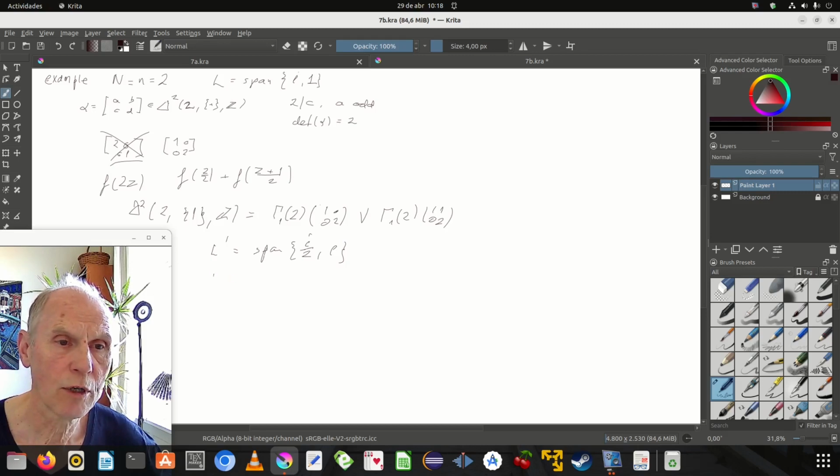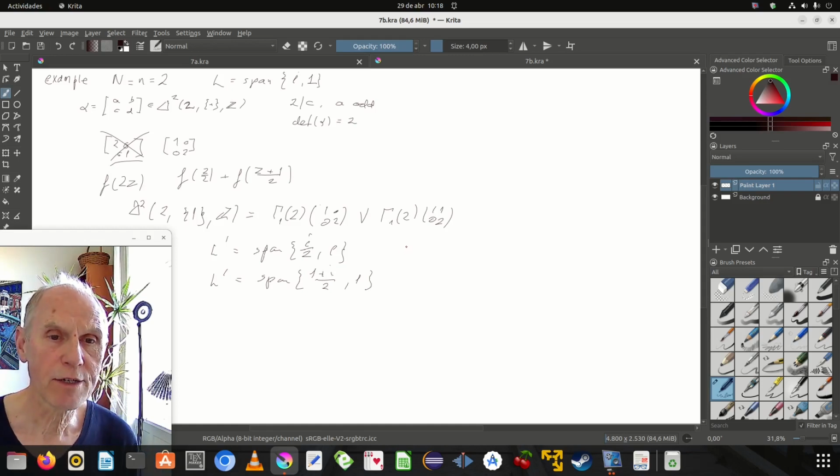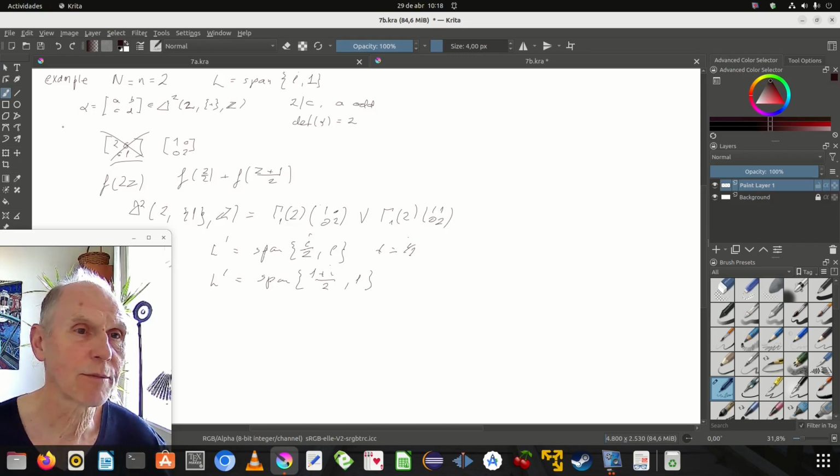Or the other one is 1 plus I halves, 1. And in this case, I halves, if we chose that as t, fails to have order 2. And in this case, it's of course 1 plus I halves.